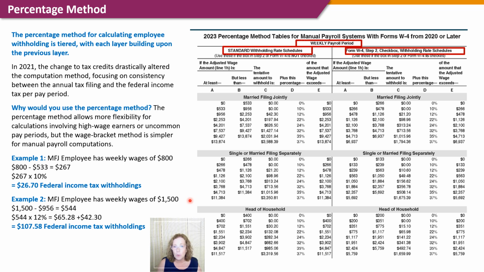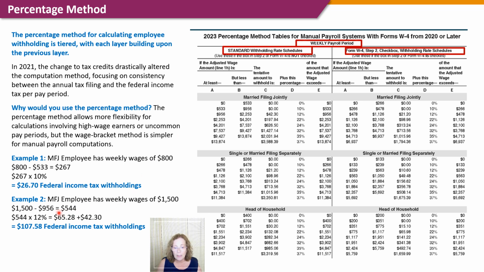Here's another example for an employee with weekly wages of $1,500 and married filing jointly. We look in the table, and now we need to move to the third row. This row is for wages from $956 to $2,253, and it shows a tentative amount of $42.30. The amount represents the taxes on the first $956 of the employee's wages.